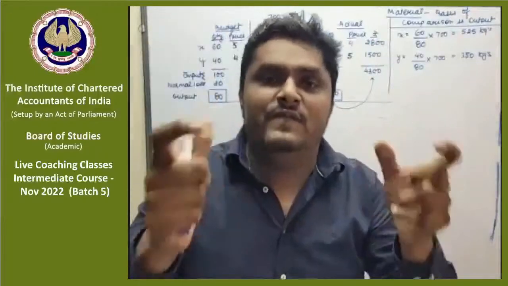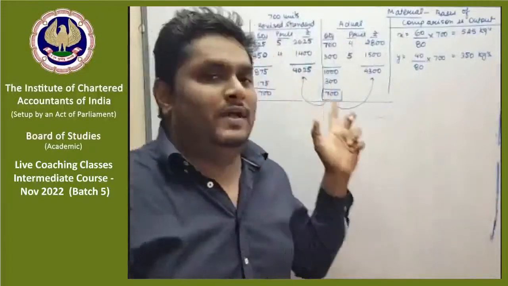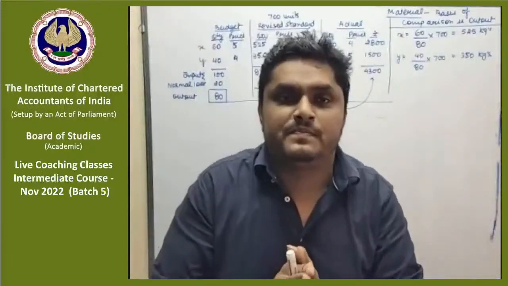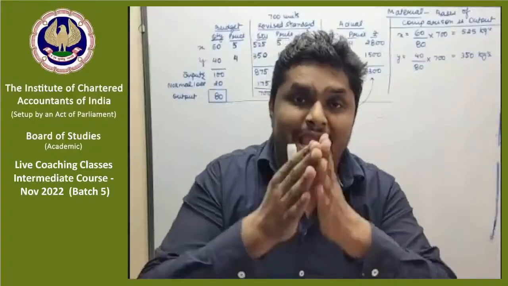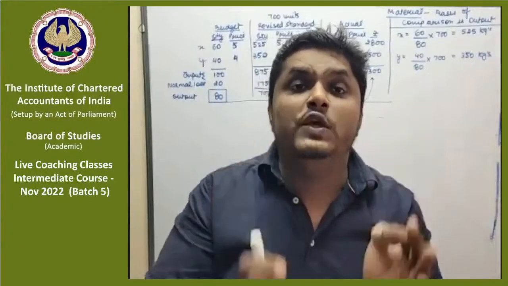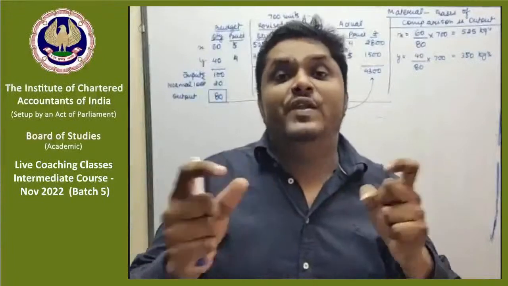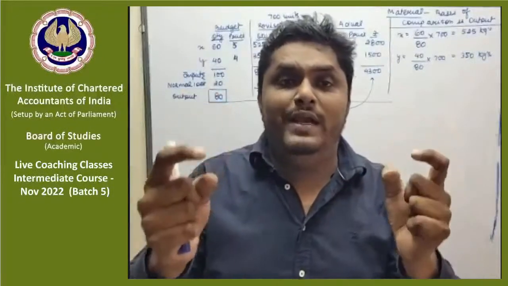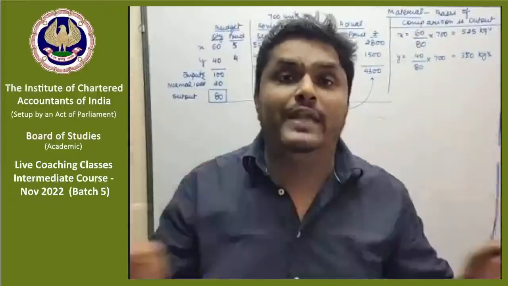But if there is a difference, even of 20 units, you have to prepare the revised budget. Let's say my budgeted output is 800 units and my actual output is 850 units. Do I need to prepare the revised data? Yes, because there is a difference in output. So very important, guys, the basis of comparison is output, not input.